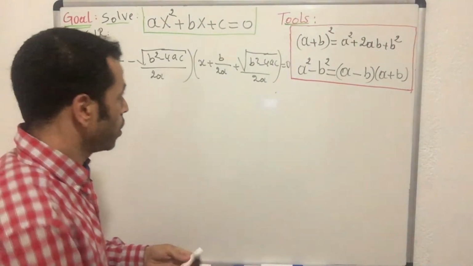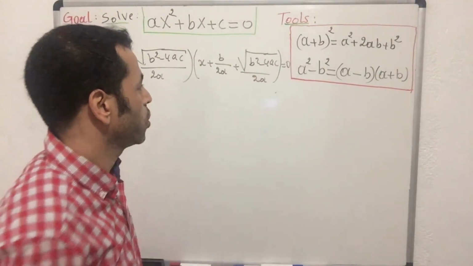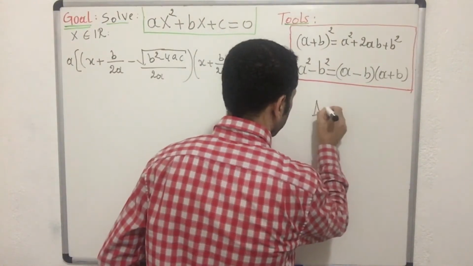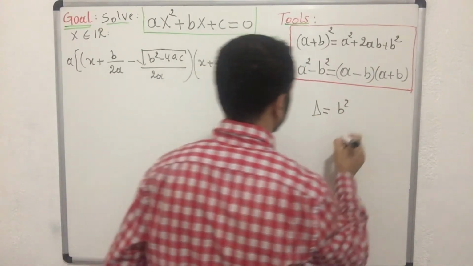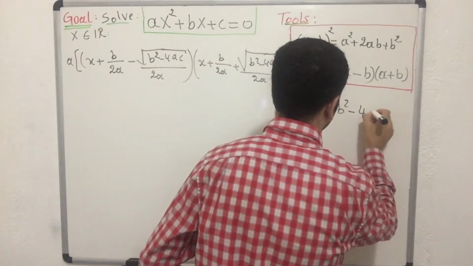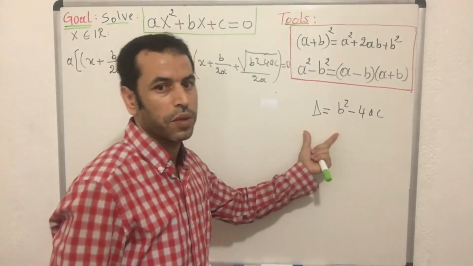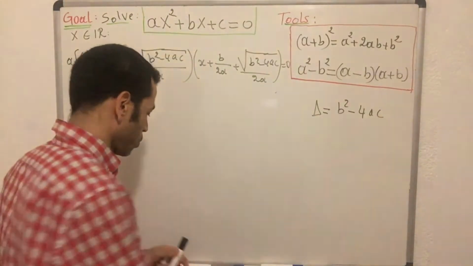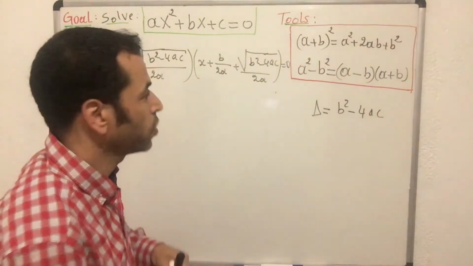Okay, let's put b squared minus 4ac equal to delta. Delta is b squared minus 4ac. It has another name, discriminant. Okay, delta or discriminant. So this is a very important and useful formula.